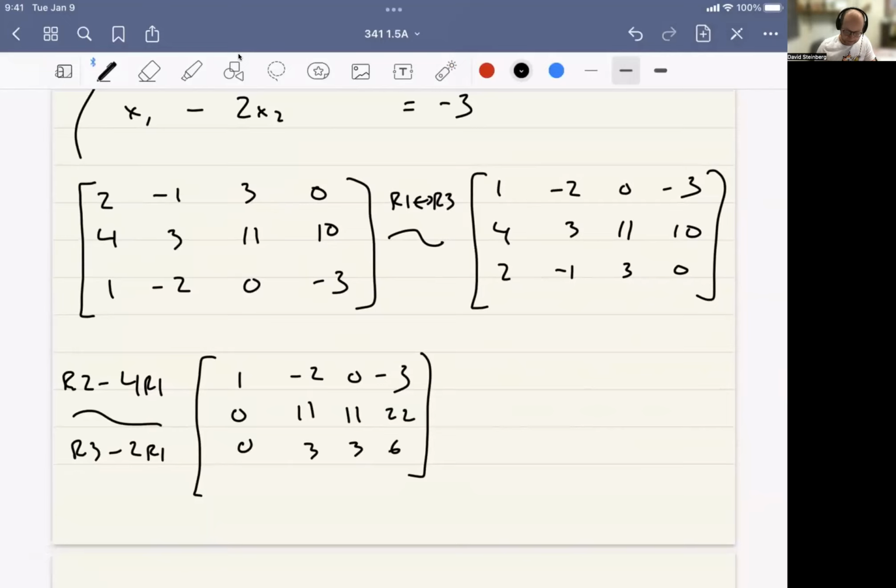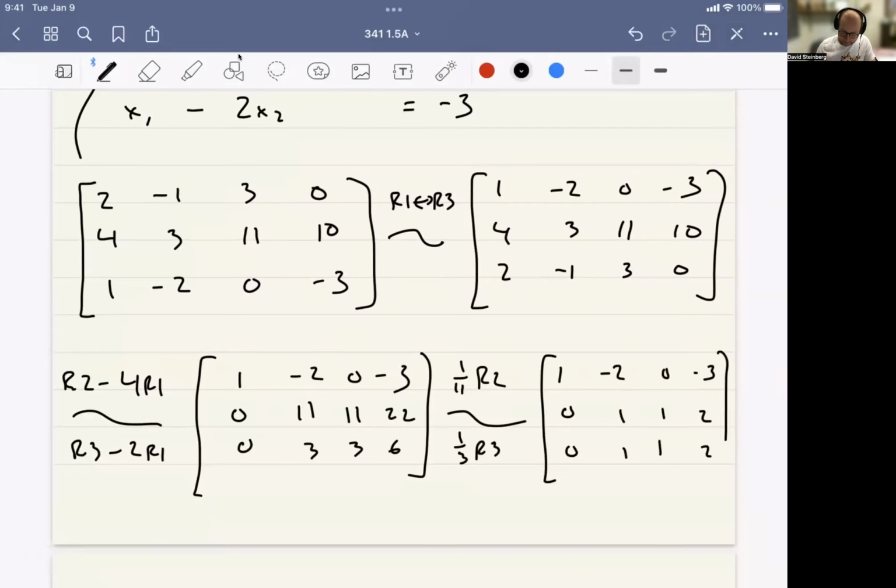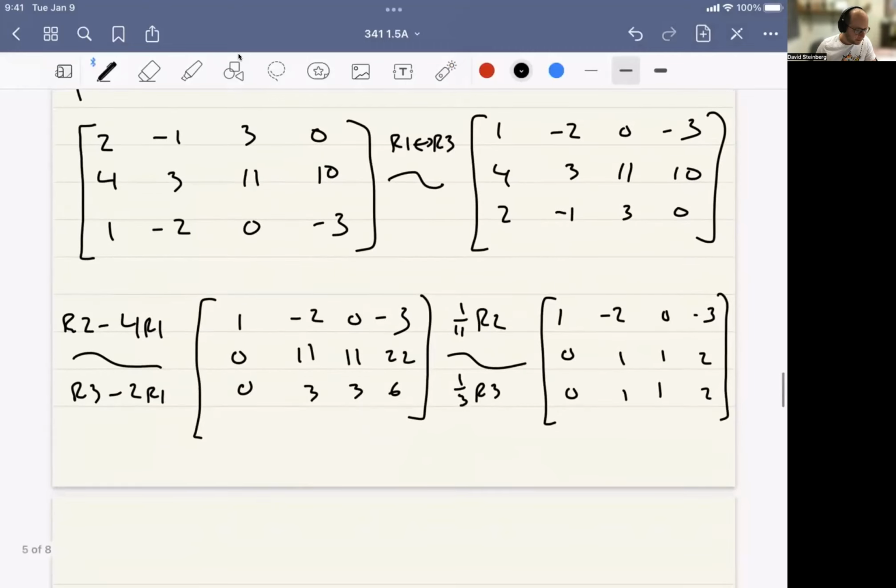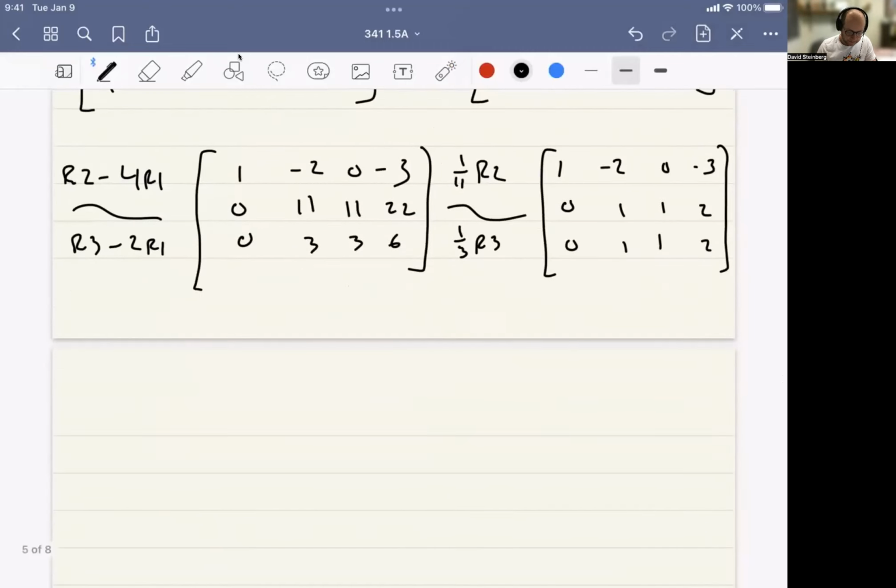It looks like I've done things in slightly different order. That's fine. So let's do 1/11 of row 2, and 1/3 of row 3. So 1, -2, 0, -3 still. 0, 1, 1, 2, and the same for row 3. And so what we want is row 3 minus row 2. I guess that makes sense.